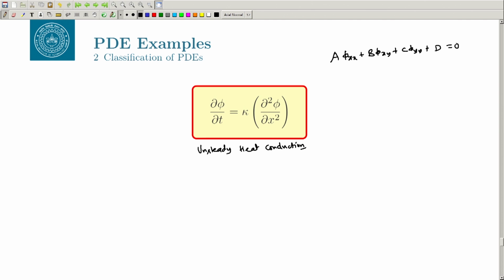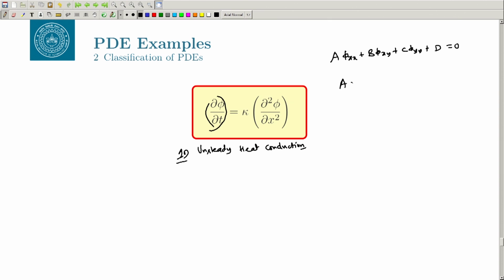Remember, we need to only worry about the highest order derivative. So, we need not worry about the low order derivative, which is del phi by del t here, in basically characterization of the equation. Okay. And this is 1D heat conduction, so we are considering only 1D, right. So, what is A?